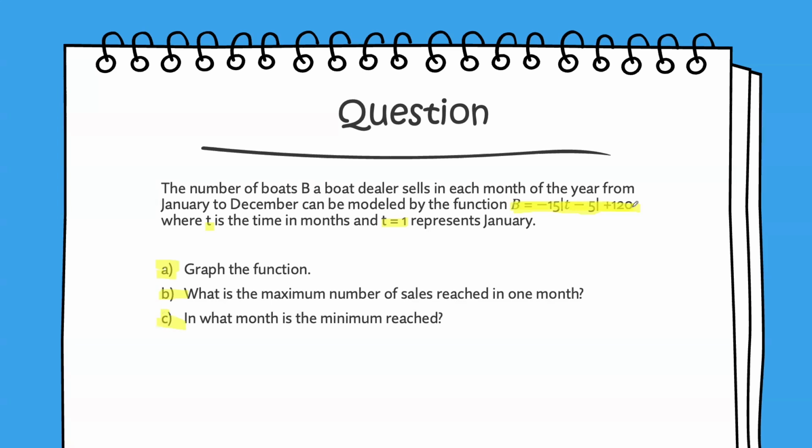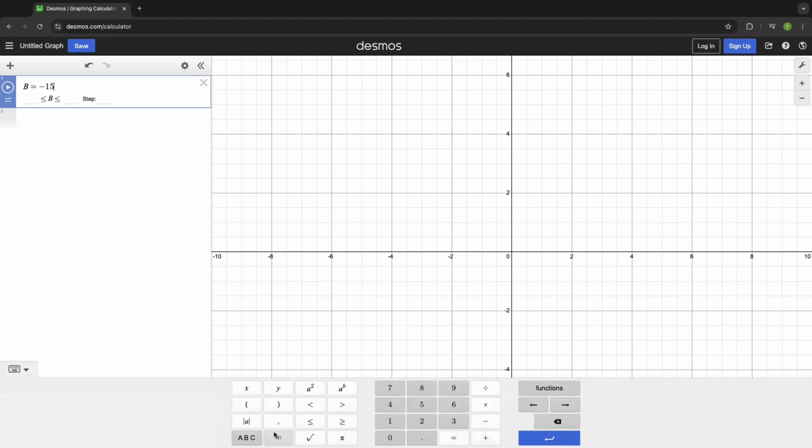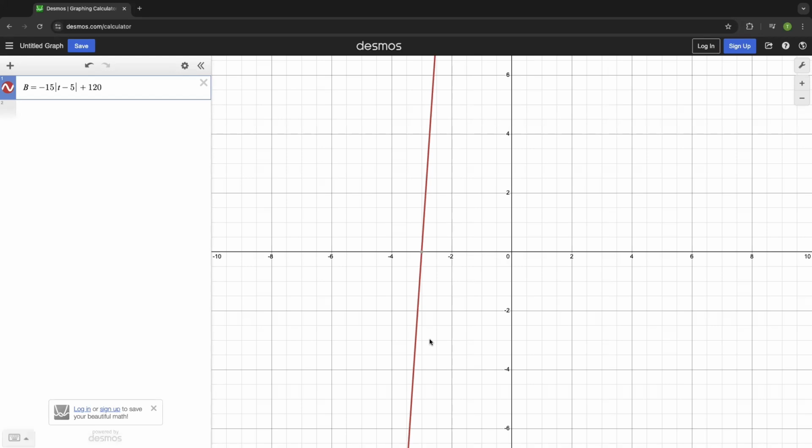But I'm going to go step by step from the basic absolute value to show you how we can graph it and how it's going to look. To do that, I'm going to use this online graphing software, Desmos. First I'm going to drop in the original equation: b is equal to -15 times the absolute value of t minus 5, plus 120.